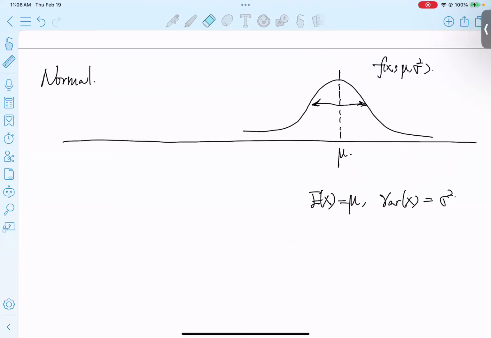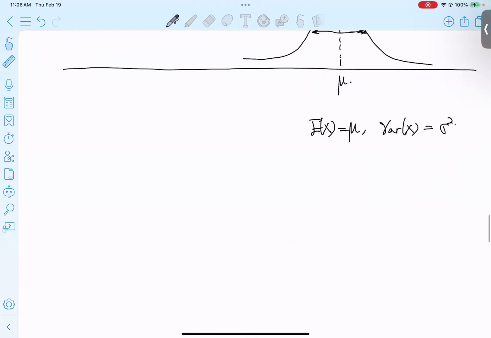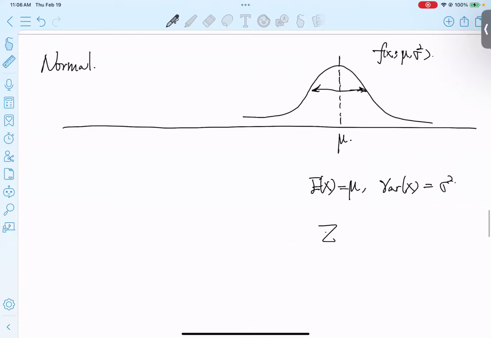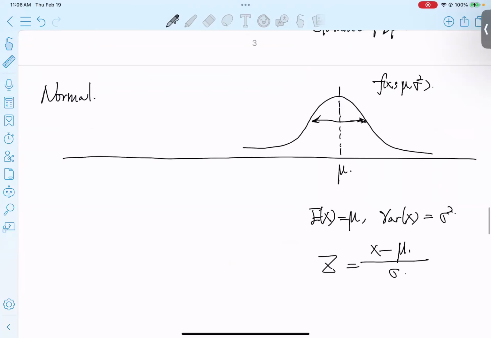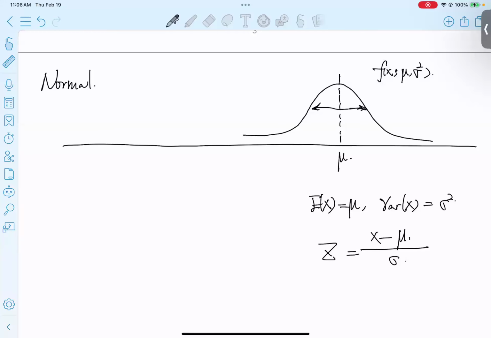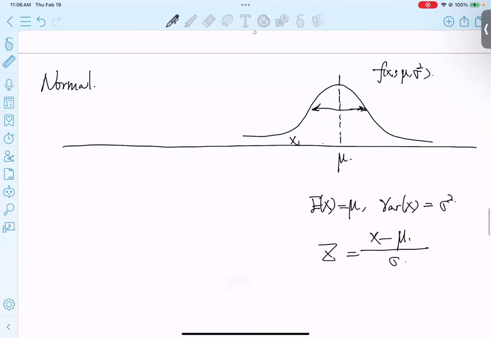And then one thing here is that we talk about the transformation, z equal to x minus mu, scaled by the standard deviation, the square root of the variance. Let me just provide a quick visualization. You can have your x1 here, x2 here, x3 here, and lots of x here, lots of random variables that can be described by this shape.